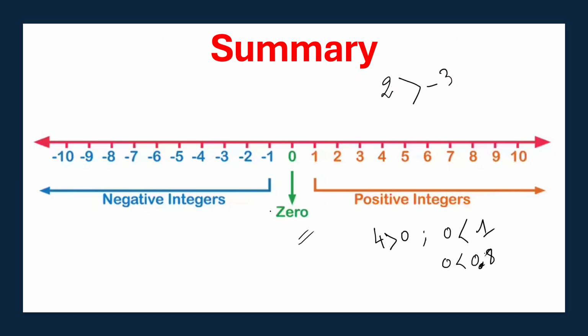For the negative numbers, -9 is less than 0, -15 is less than 0, always less than 0, and also less than positive numbers. For example, here -8 is less than 2, -6 smaller than -1, and then +1 or 1.